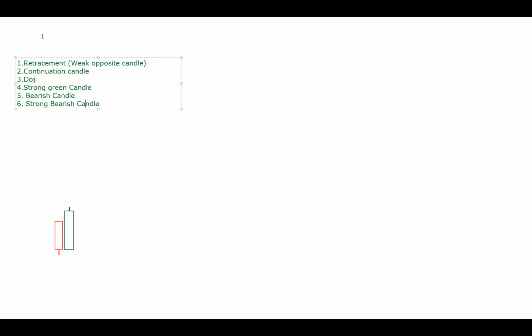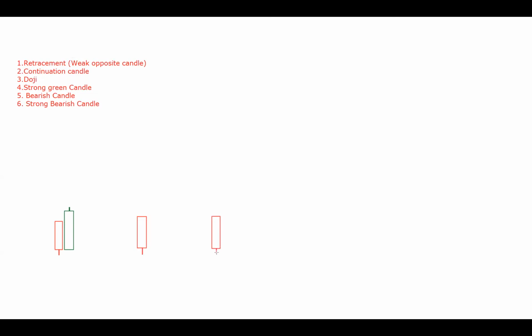See here, there are 6 possibilities, so I'm going to draw the 6 engulfings, right? All these patterns will be traded in the same way. Even though I'm talking about the engulfing, any type of double candlestick pattern will be traded in the same way. There is no different method for every pattern.